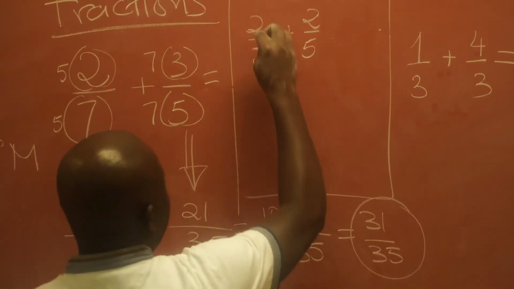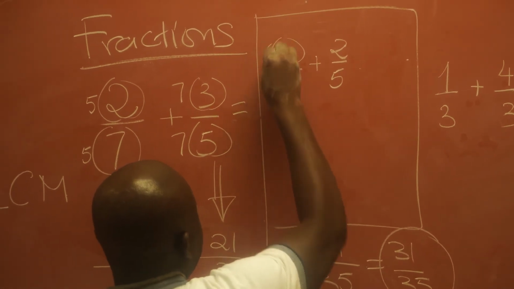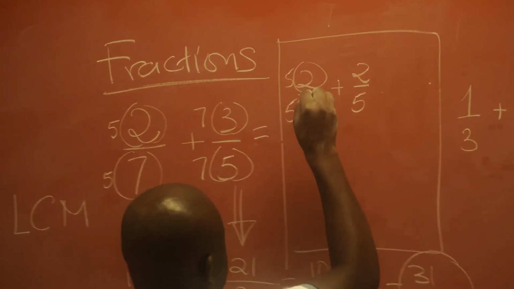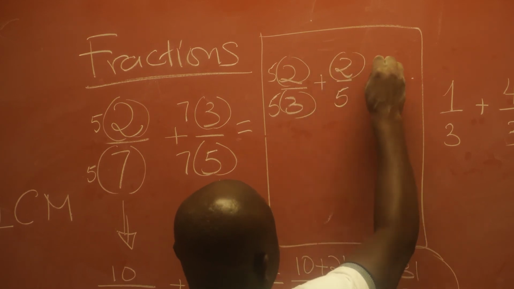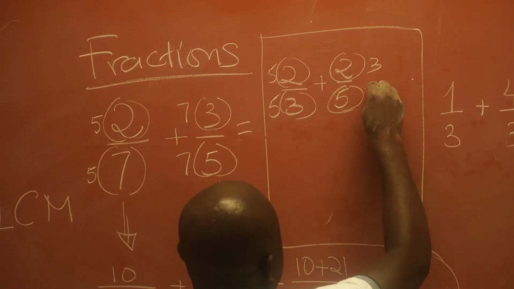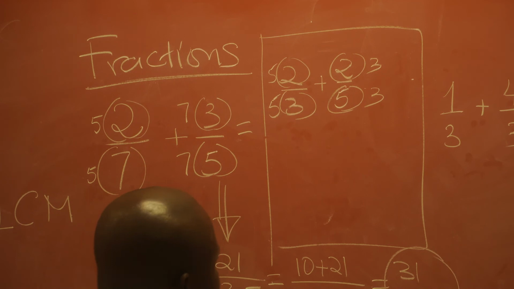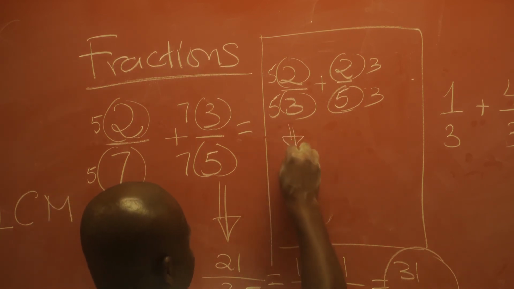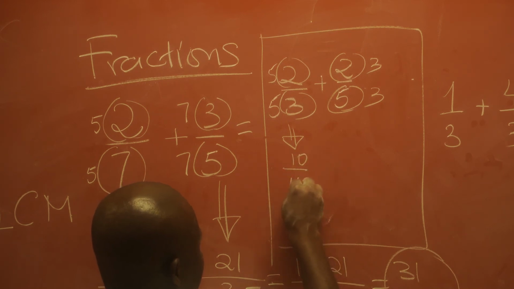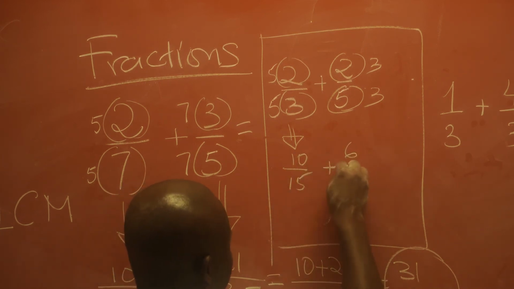But for now, I can multiply this by 5, because doing that, I have similar fractions. So we get 10 over 15 plus 6 over 15.